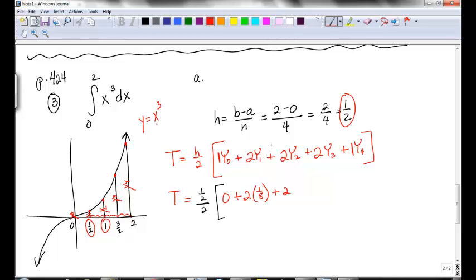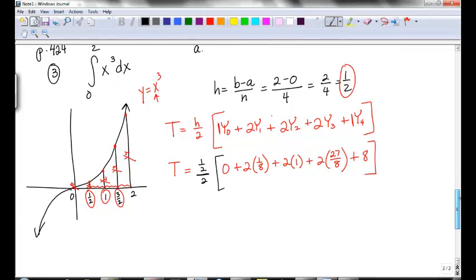If you put 1 back into this, 1 cubed is 1. This is my x value 3/2. If you put 3/2 in here, 3/2 cubed is 27/8. Plus, and then put 2 in, 2 cubed would be 8. So all I'm doing is substituting each x value in and simplifying and solving for the y value.